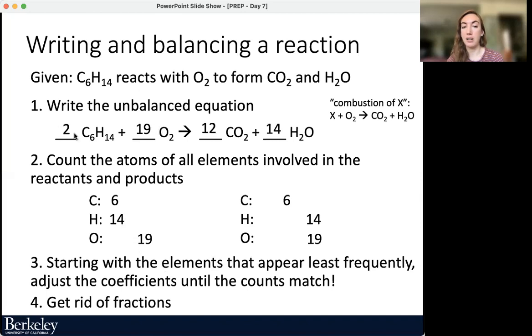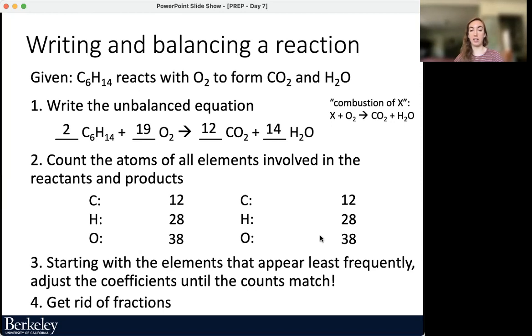And so I'm going to end up with 2, 19, 12, and 14. That's just the previous coefficients all times 2. And adjust my counts. So now I have 12 carbons, 28 hydrogens, and 38 oxygens on each side. And so my reaction is balanced. Oops. My reaction is balanced, and I'm happy.